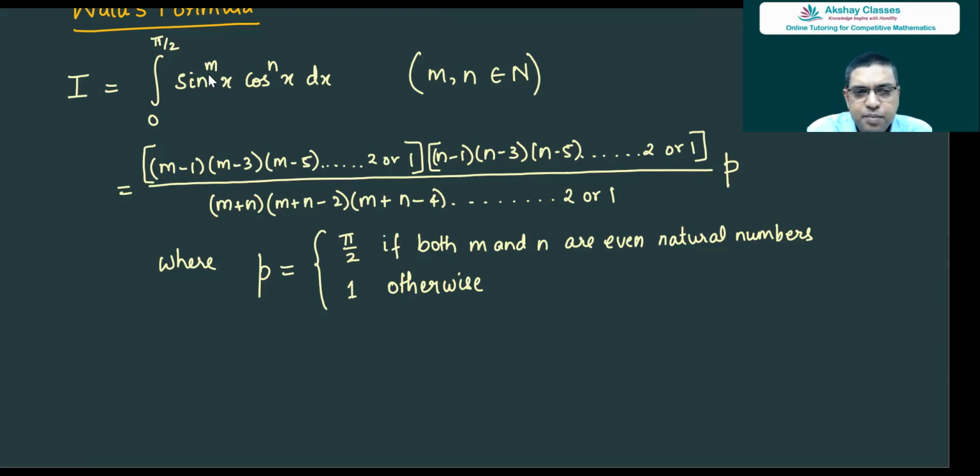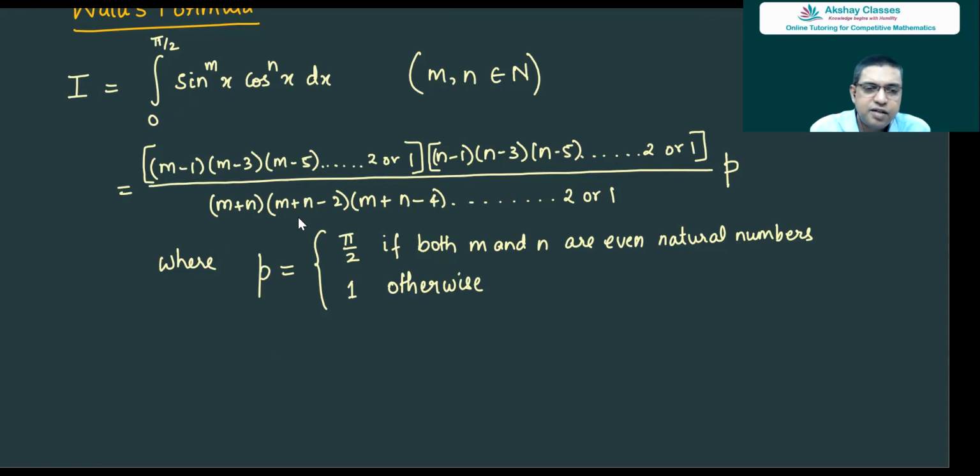Now reduce m by 1. So if m is say 9, you make it 8. And then after that, in decreasing order, write alternate numbers starting from m minus 1: m minus 1, m minus 3, m minus 5, and end the sequence in either 2 or 1. This is a product. Similarly, we do for n.